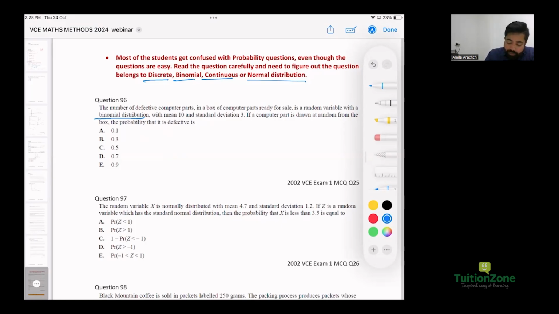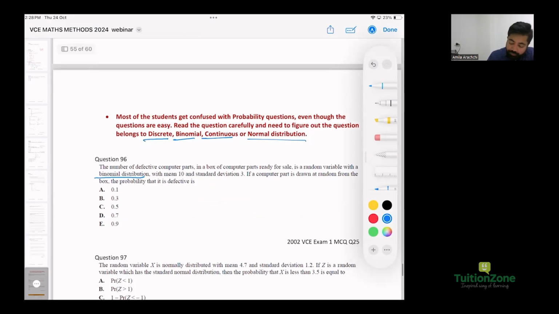What's the plan? How do you find the mean from the binomial? E of x is equal to n times p. How do you find the variance? n times p times q. So it's a tech-active question, but I think this question you can do tech-free.